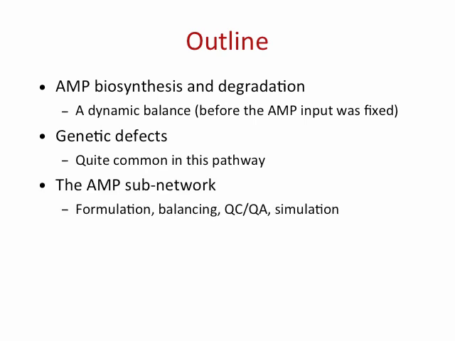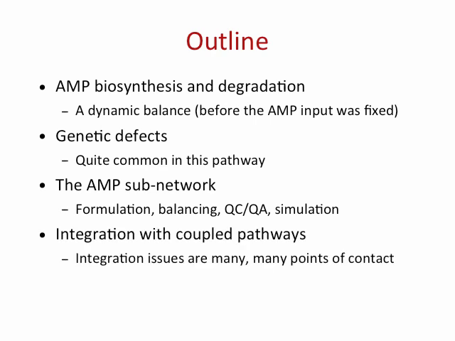As before, we will first look at the subnetwork that we are about to add. We'll formulate it, balance it, do QC, QA, simulate it by itself, and try to understand some of its characteristics. And what we do then is we integrate it with the two coupled pathways from the last lecture.